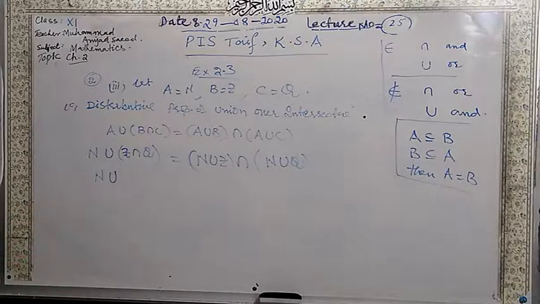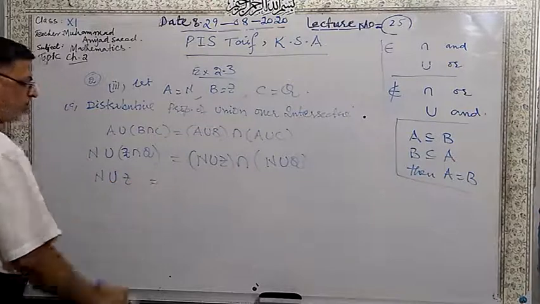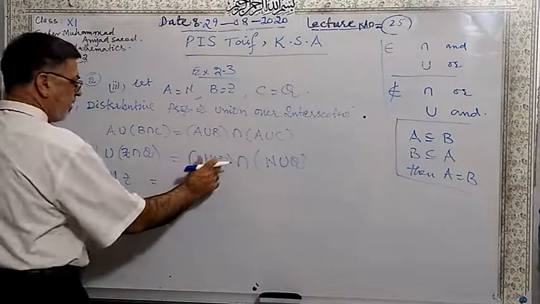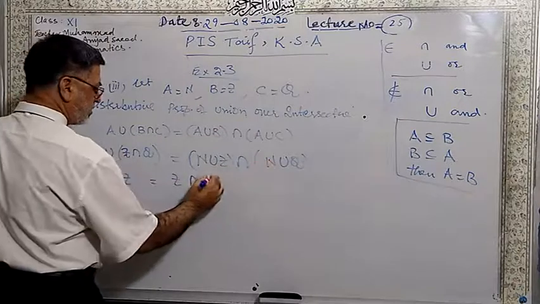Intersection means common. In case of intersection, the smaller set will come. Similarly, this is union, it will be the bigger set. Z intersection, here is union, this is Q.